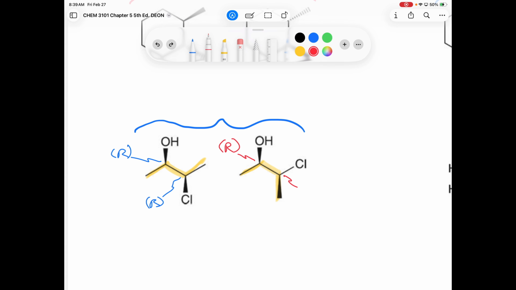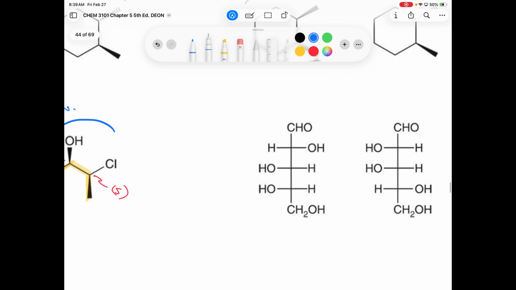And so it's S. Now, if we were to compare RR and SS, those would be enantiomers of each other, right? Because we inverted everything. But if we compare RR versus RS, we've only inverted one stereocenter, ergo they must be diastereomers. There you go. Feeling good about it? Good.